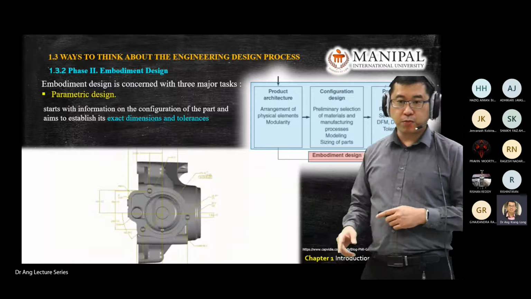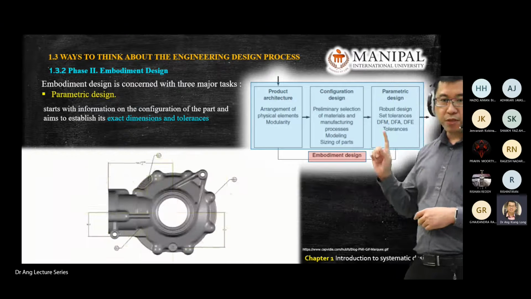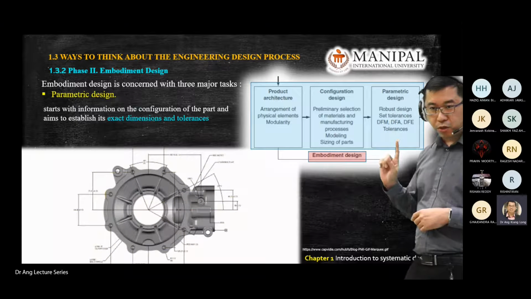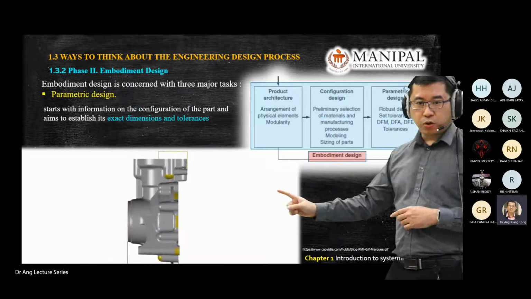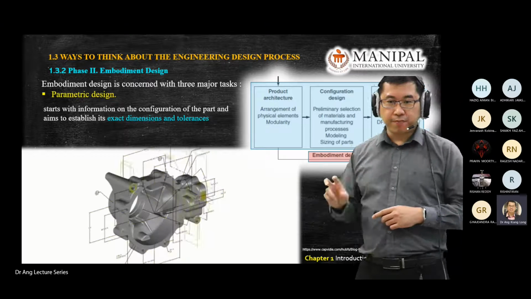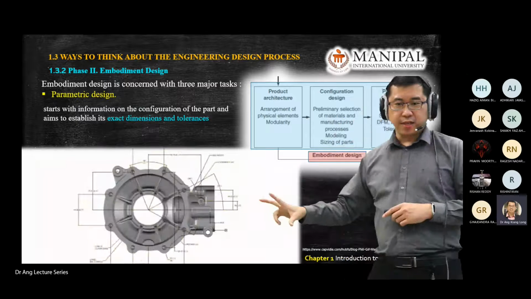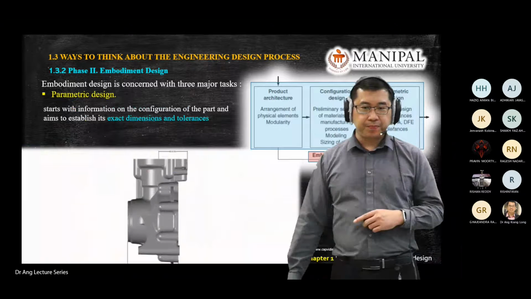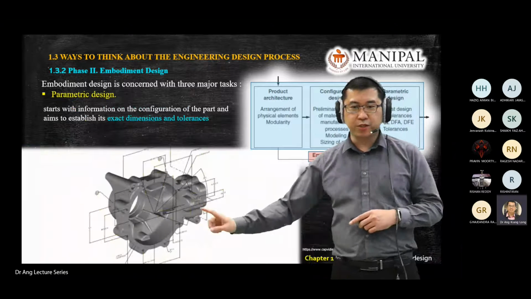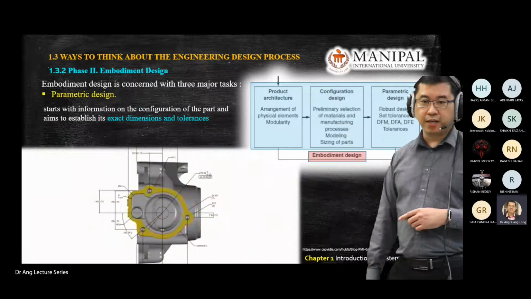If you're using SolidWorks or AutoCAD, one of the functions inside the software itself is parametric design, where you can key in to predefine the dimension or linkage from one dimension to another. You can key in the formula.